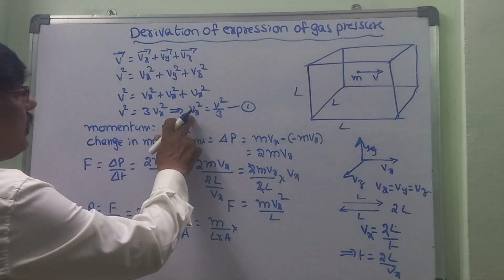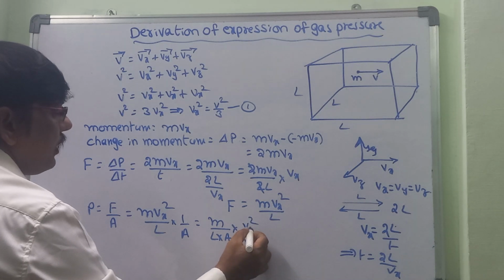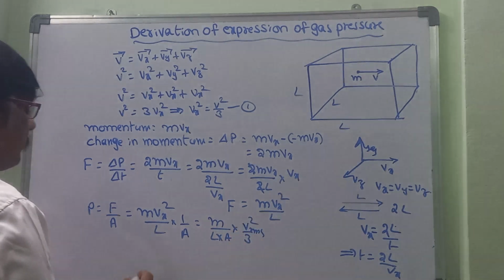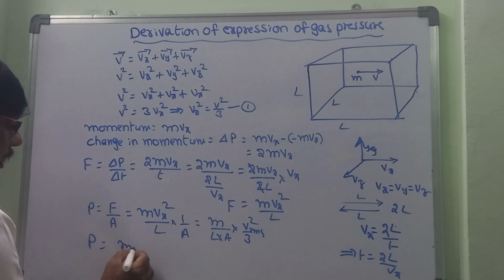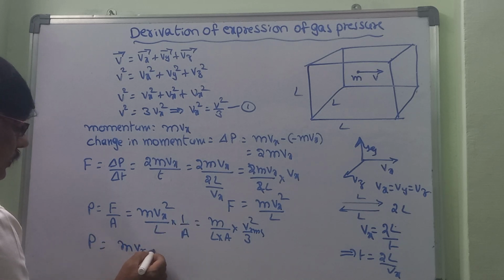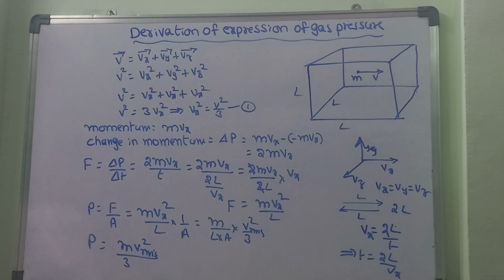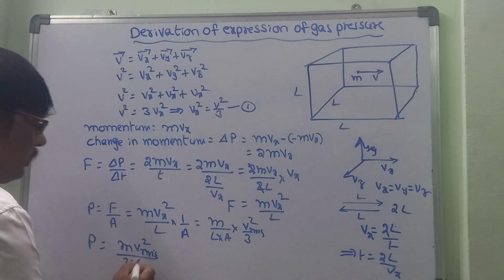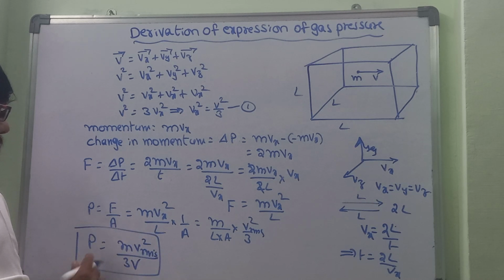Instead of Vx square we can take V square by 3, and V rms we will discuss. So P is equal to m V rms square, the root mean square velocity, by 3 into L into A, where L into A is the volume. So 3 into V. This is one formula for pressure.